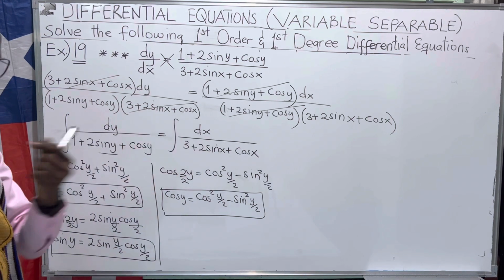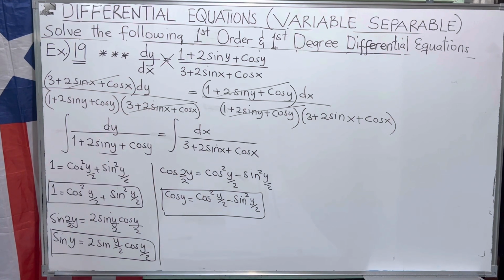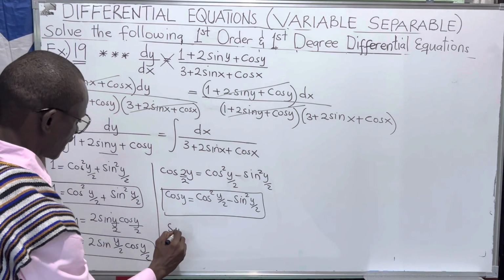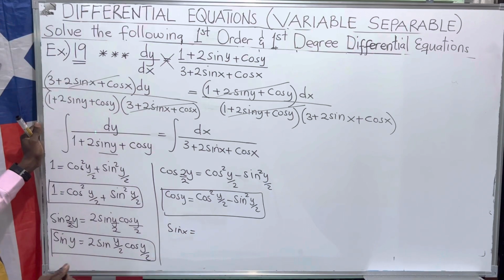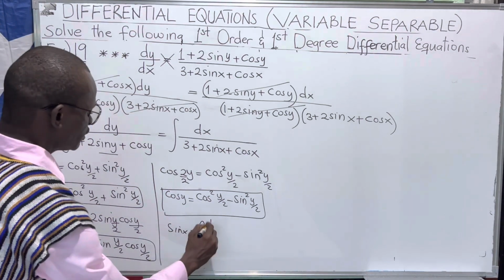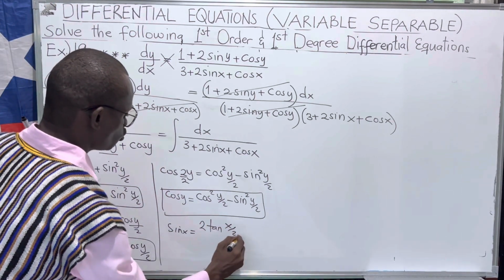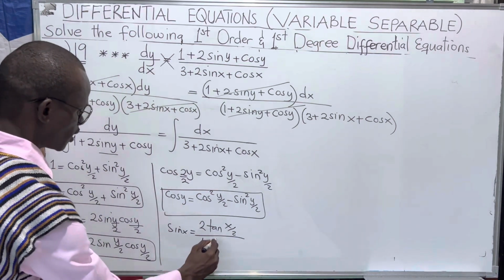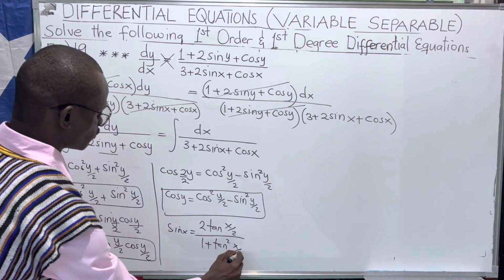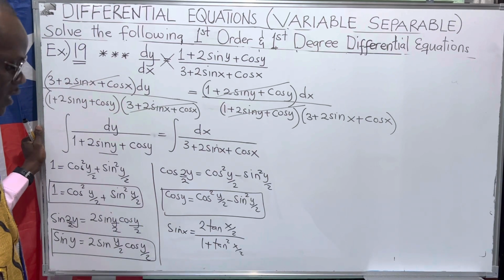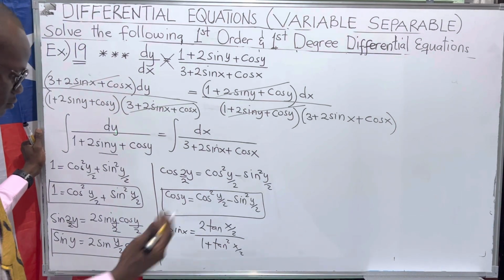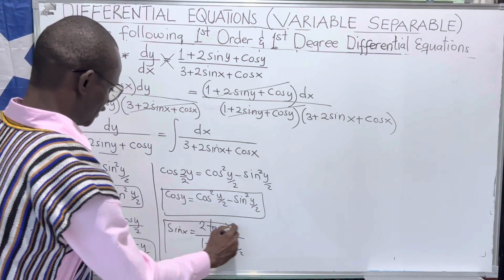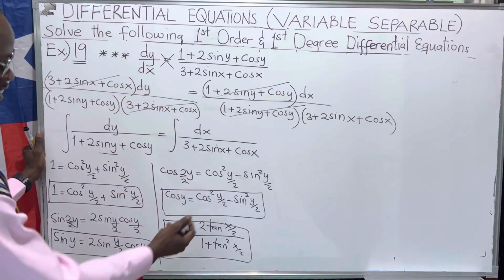Now, for the right hand side, we can bring in other formulas. Now, we know that sine of x is also equal to 2 tangent of x over 2 over 1 plus tangent square x over 2. Now, we know this identity, right? From way down the line. Yes, we know this identity.